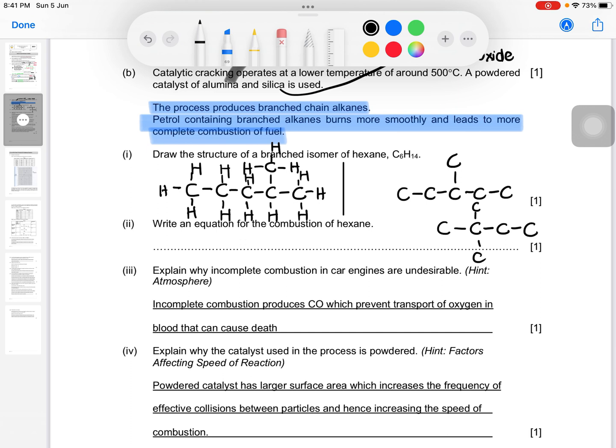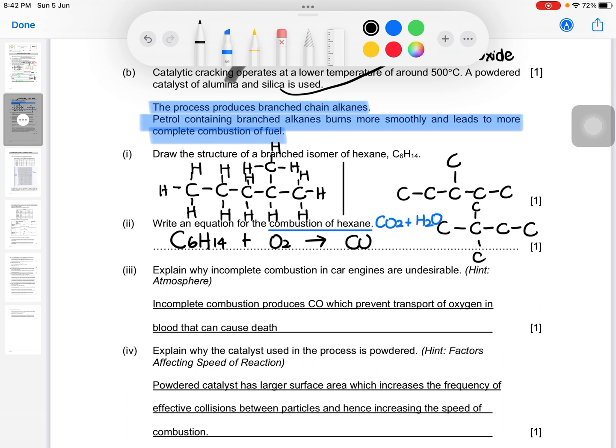Write the equation for the combustion of hexane. Combustion of any hydrocarbon will give you carbon dioxide and water. Hence, C6H14 plus O2 to give you CO2 plus H2O. I have 6 carbon atoms, so I need a 6 here, and 14 hydrogen, so that's a 7.